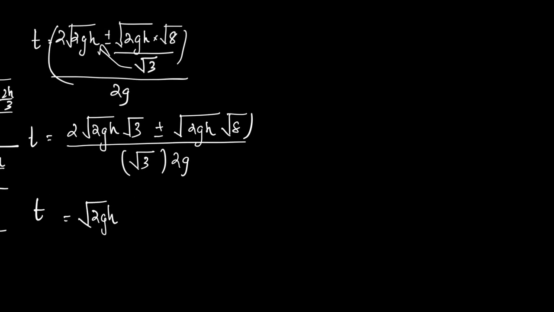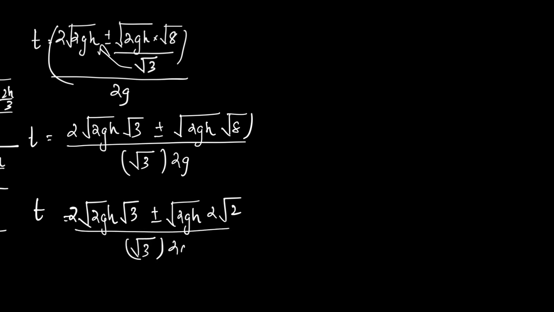So t here can be written as t is equal to, now what I'll do is I'll take root of 2gh common. So 2 into root of 2gh into root 3 plus or minus root of 2gh into, see, root 8 can be written as 2 root 2, the whole upon root 3 into 2g.